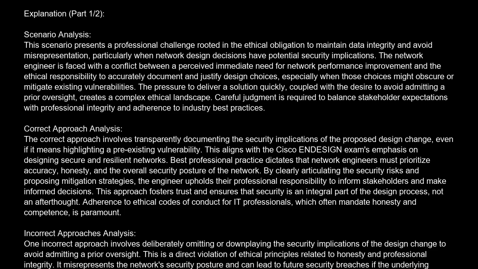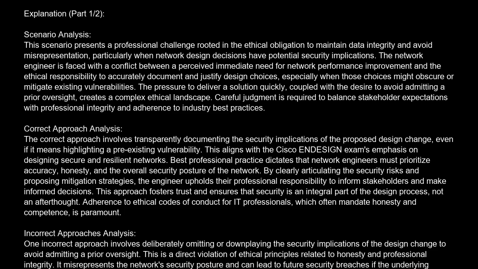Explanation. Scenario analysis. This scenario presents a professional challenge rooted in the ethical obligation to maintain data integrity and avoid misrepresentation, particularly when network design decisions have potential security implications. The network engineer is faced with a conflict between a perceived immediate need for network performance improvement and the ethical responsibility to accurately document and justify design choices, especially when those choices might obscure or mitigate existing vulnerabilities.